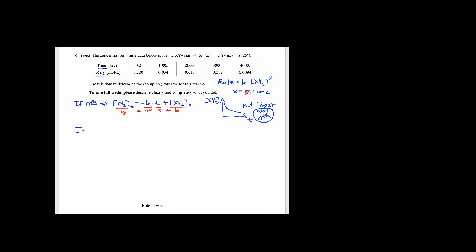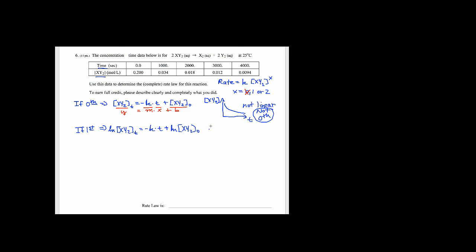If it's a 1st order process, then the ln of the concentration of XY2 at time t is equal to negative kt plus ln of concentration of XY2 at time 0.